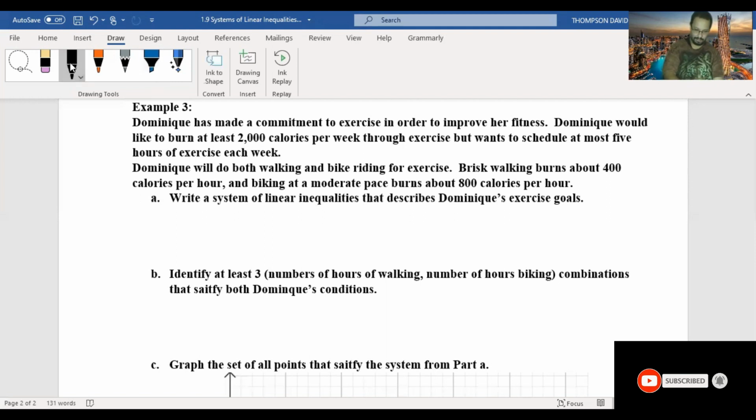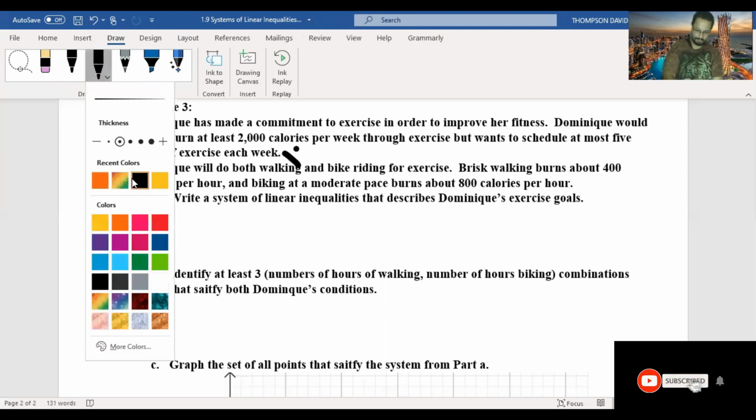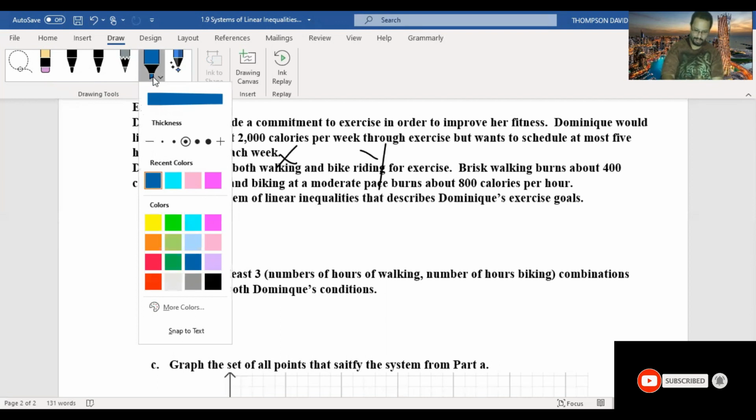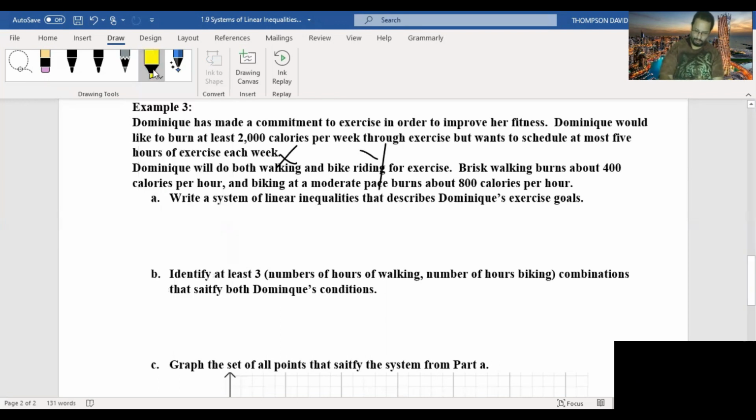So let's first define our variables. We'll say walking is x and bike riding is y. Let's also use our highlighter to get our important information. Anything for walking we'll highlight with a yellow marker. Brisk walking burns 400 calories per hour.